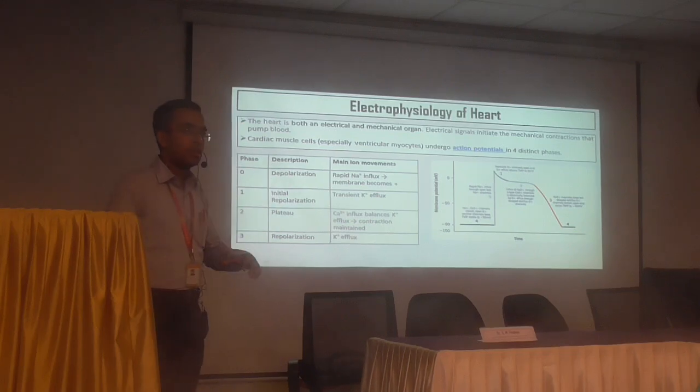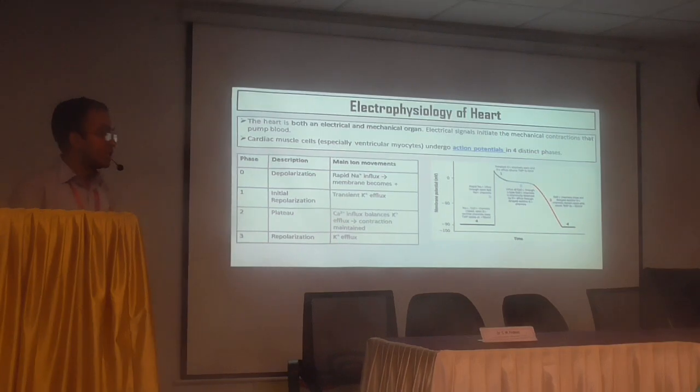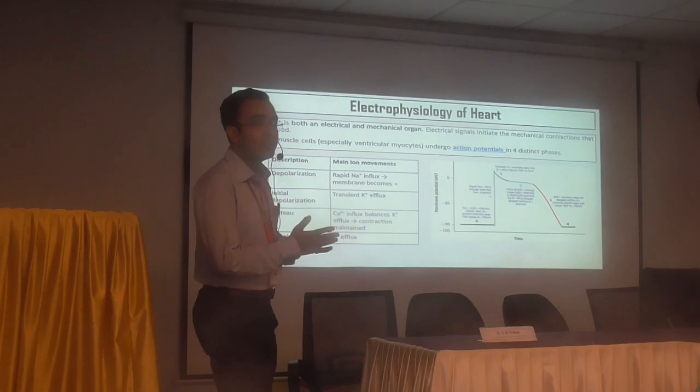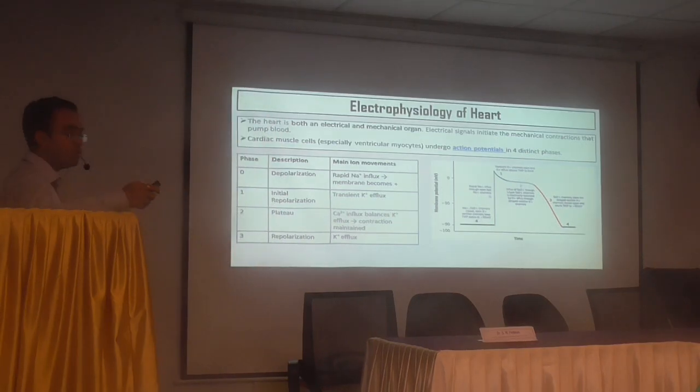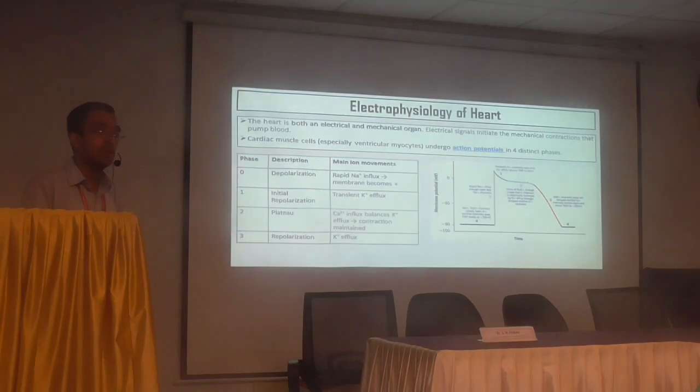Sodium ion enters from outside the cell to inside the cell, and there is an increase of the voltage, minus 92, minus 70, and after that 0. And after that the initial repolarization takes place by the opening of the potassium channel. Potassium efflux takes place, not influx. Remember that.